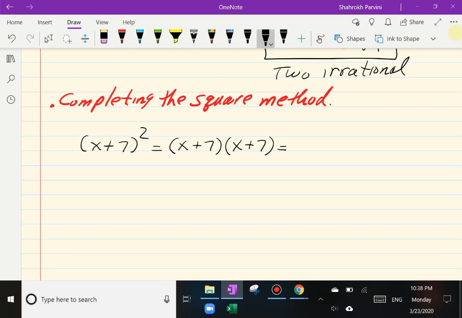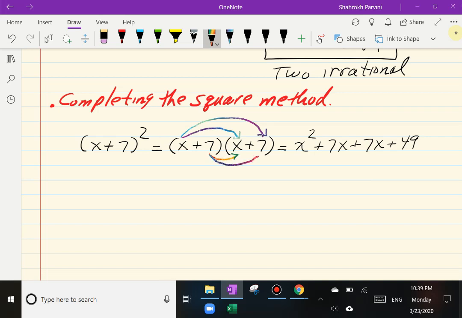Then we can FOIL these: first, outer, inner, and last, which is 7 times 7, 49. This is the F, this is the O, so that's your x squared and 7x, and then the inside and outside terms. That's how I got these numbers.